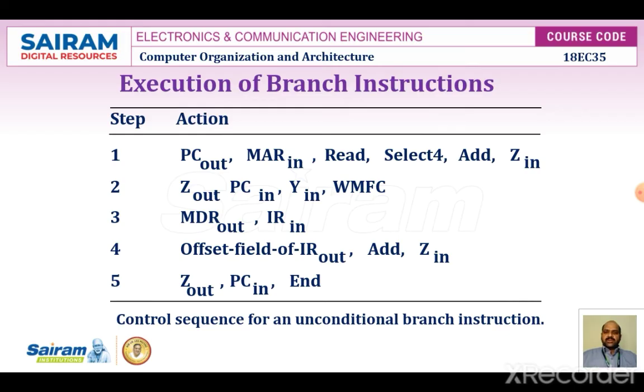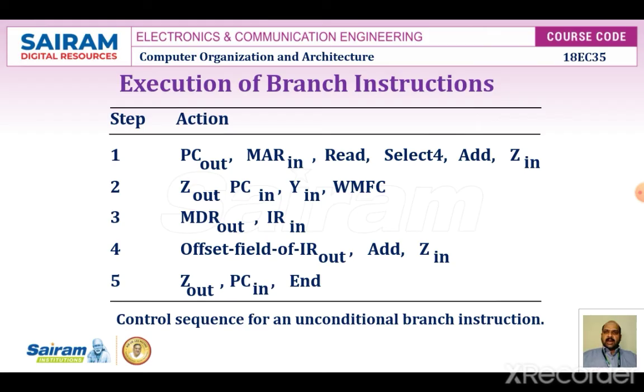Then step 3 fetches the data, which is moved into the MDR register and then to the IR register in. As we have seen, the first 3 steps are the fetch cycle. Then the 4th step starts the execution phase.